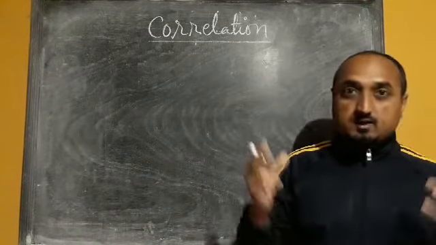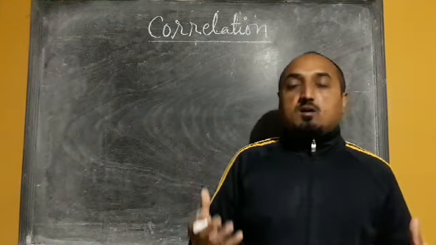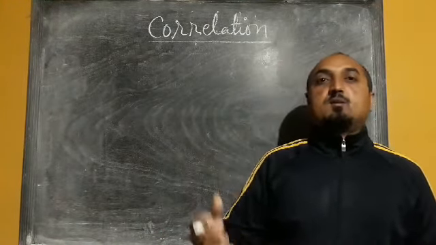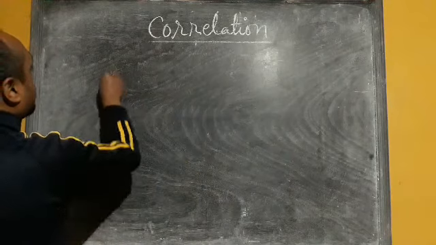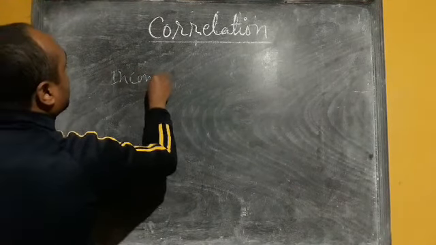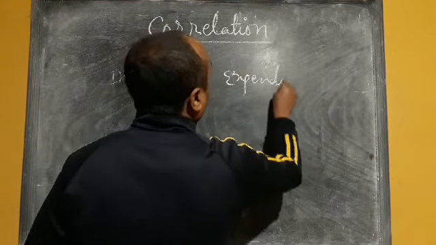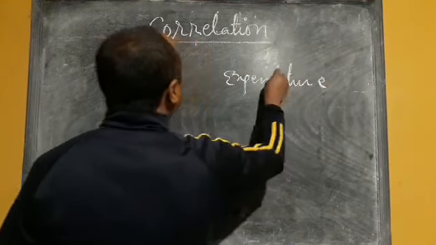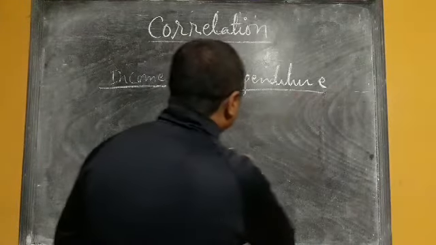You might be getting confused about what variables are. Variable means maybe prices, maybe expenditure, maybe income. When I take the example of income and expenditure, income is one of the variables, expenditure is another variable.